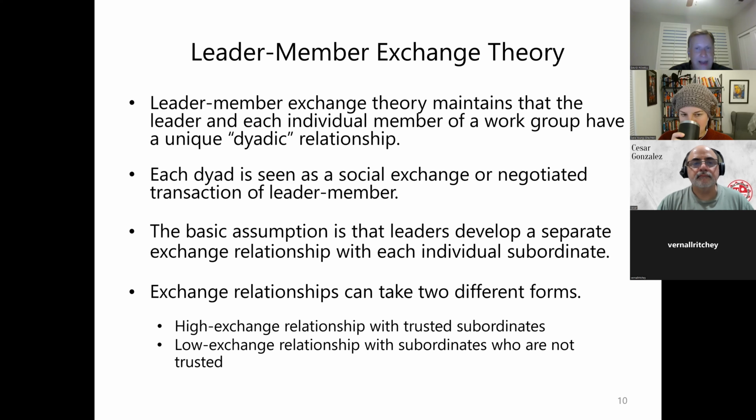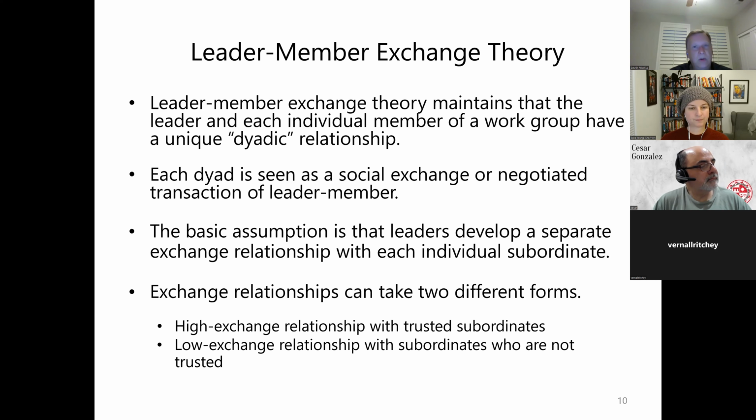So you're going to develop these dyadic relationships, these individual dyads with each member of your organization. The dyadic relationship that you develop with your employees will depend upon whether or not you have a good trusting relationship or not.